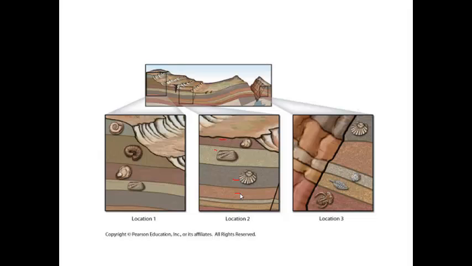By looking at the different fossils in the different strata, we could also tell the order in which different species existed. We know that species located in the lower strata are going to be older, and the species located in the higher strata are going to be newer.